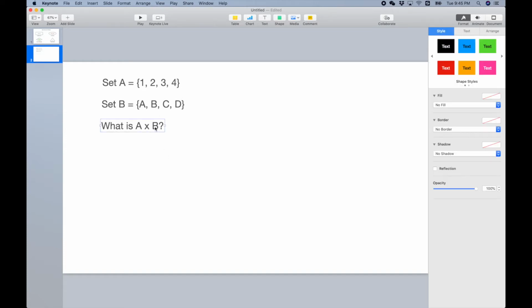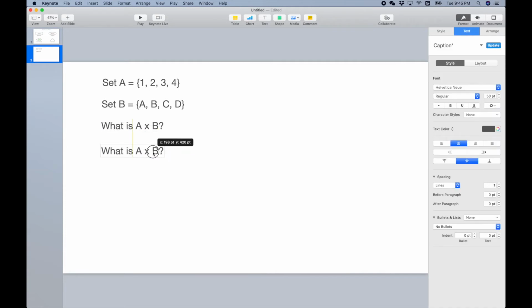Like for this example, we have A times B equals what? First of all, A times B is still a set. And what is inside this new set? It will be pairs. Each element is a pair, right?